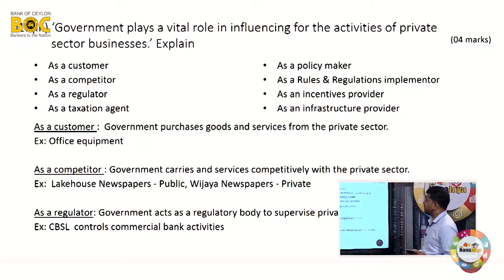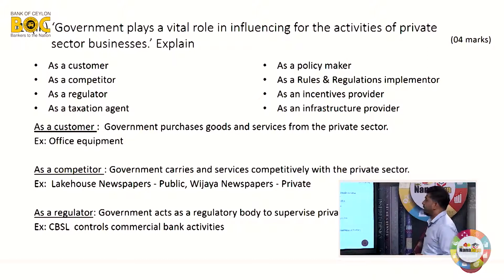There are several roles played by the government, such as a customer, a competitor, a regulator, a taxation agent, a policymaker, a rules and regulations implementer, an incentive provider, and an infrastructure provider.